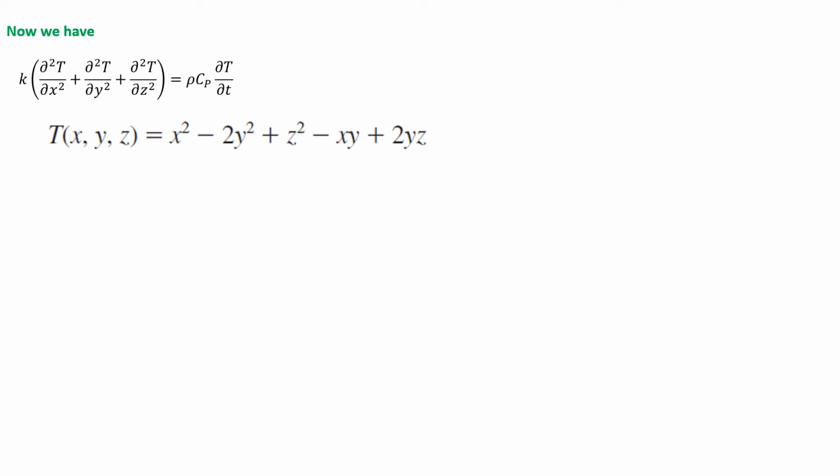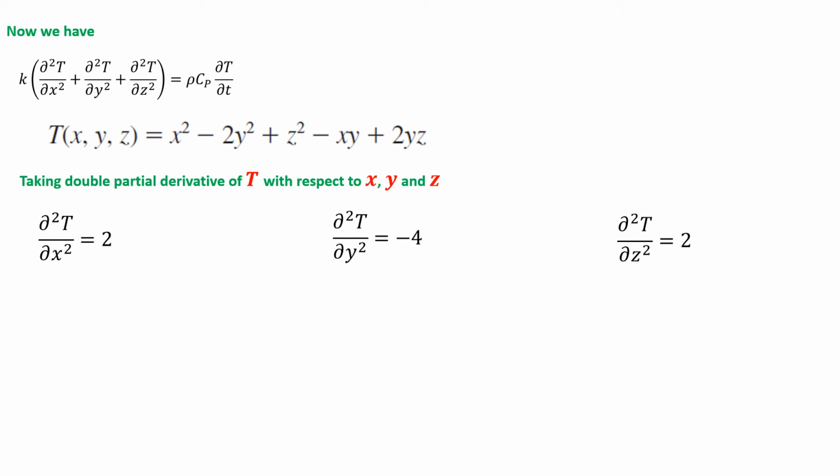The temperature distribution is given as x square minus 2y square plus z square minus xy plus 2yz. Now take the double partial derivative of T with respect to x. Same, take the double partial derivative of T with respect to y and the double partial derivative of T with respect to z. ∂²T/∂x² comes out to be 2, ∂²T/∂y² comes out to be minus 4, and ∂²T/∂z² comes out to be 2.